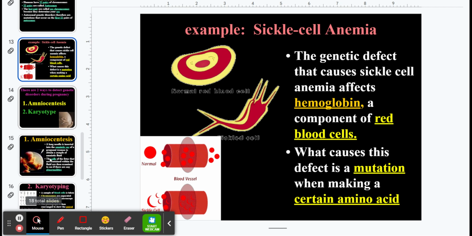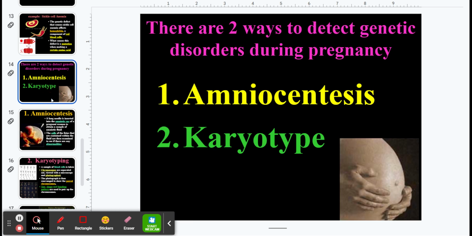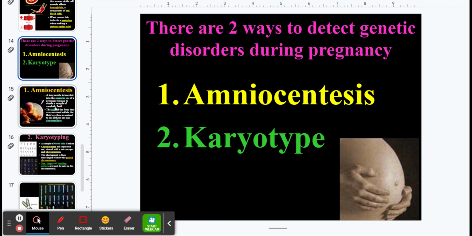All right, so as we are thinking about this, you're like, how do we know what this is and how do we test for it? There are two ways to test for it when in utero. This is not for the parents, this is more for the offspring.